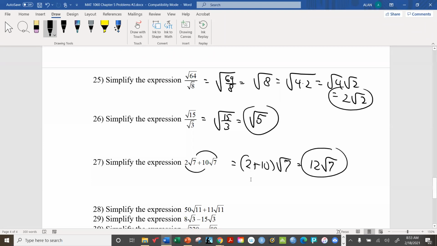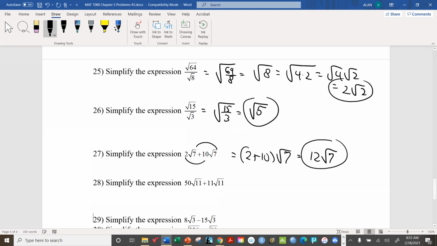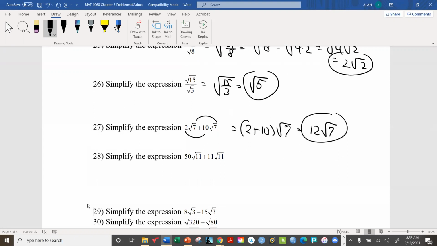Very good. And that's really all there is to it. In this case, there's nothing that can be simplified because 7 is a prime number. Same thing here. What we actually have here is 50 plus 11 radical 11, which is 61 radical 11. Very nice.